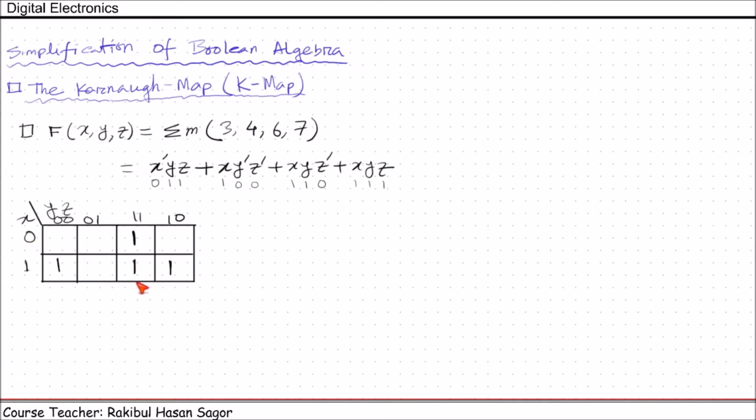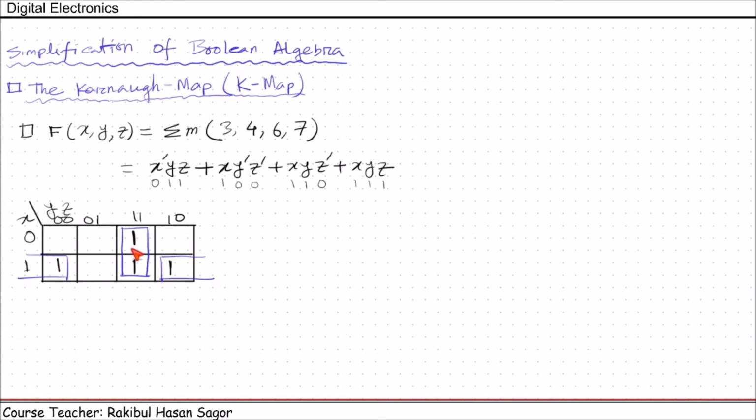So the biggest box containing 1s can have 2 adjacent cells. We can take these 2 ones. This is the biggest box. Still we have these 2 ones, so we can consider these 2 as adjacent cells in one rectangle.